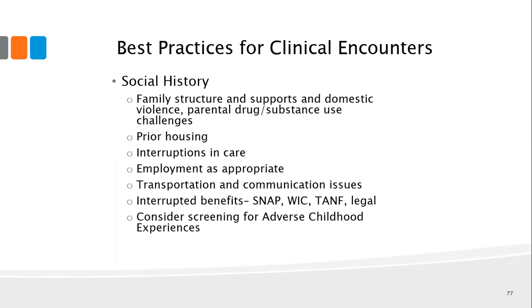Also, interruptions of benefits, so SNAP and WIC, which are both nutrition support programs, TANF, which many think of as public aid, and legal assistance. And again, consider asking about all adverse childhood experiences if you're prepared to address them, but that last part is very important. Next, please.